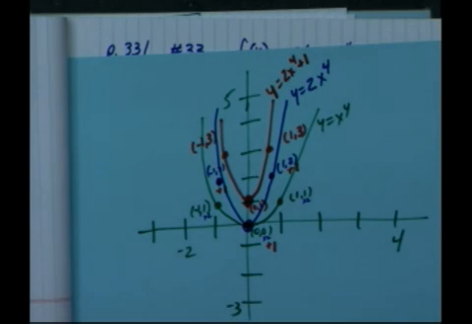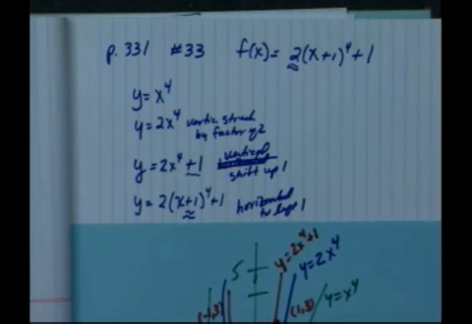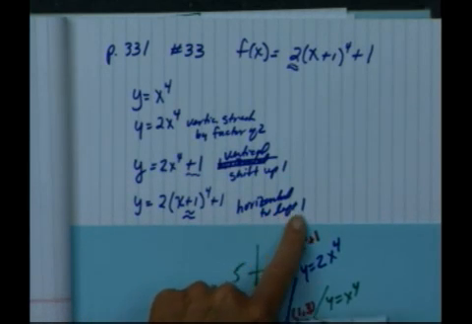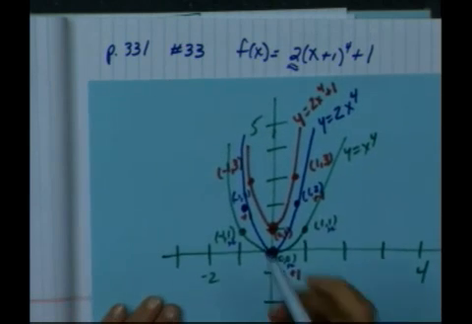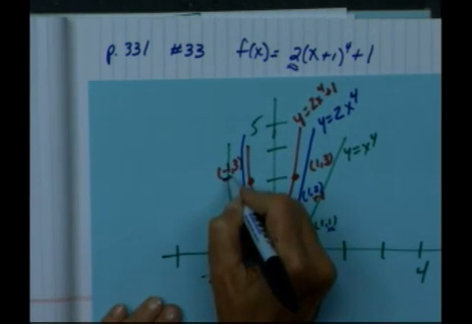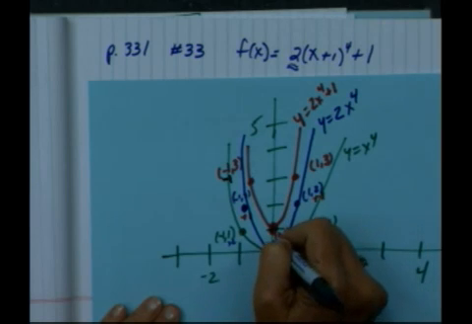Okay, now I need another color. We'll go with black for our grand finale. Now we're going to go horizontal to the left 1. Horizontal means which values am I working with? The x's, and so we'll subtract 1 from those x values.